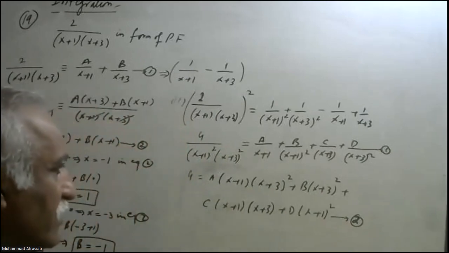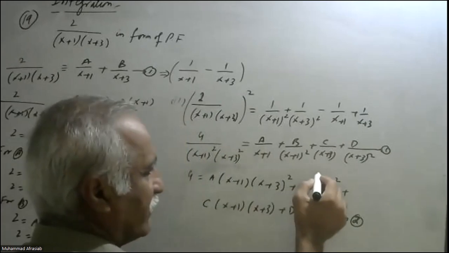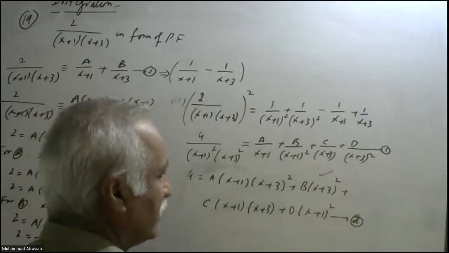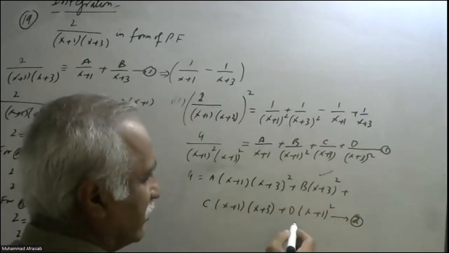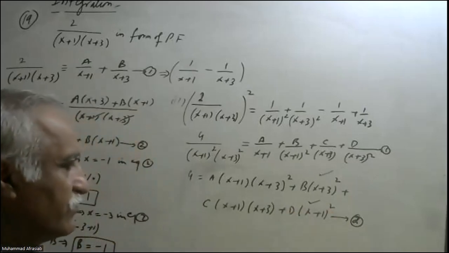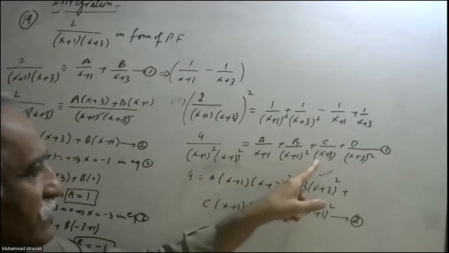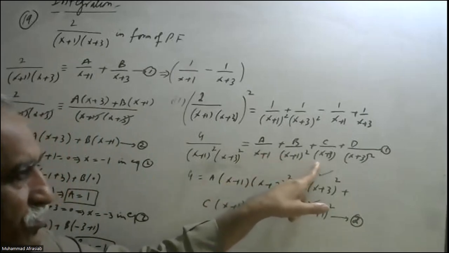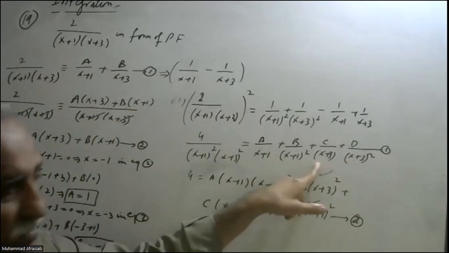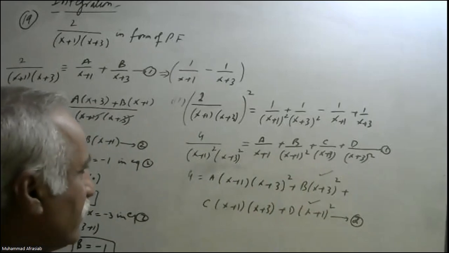After taking LCM and cross multiplying, now we can find out the value of b and we can also find the value of d because they are having the highest power here. For a and c, because they are linears, you can use another method.